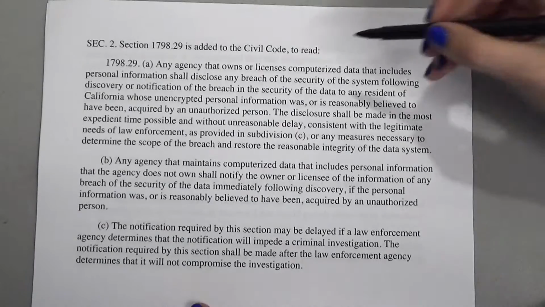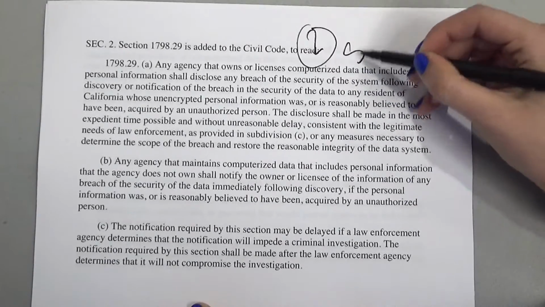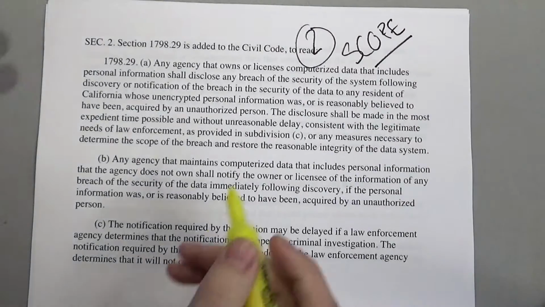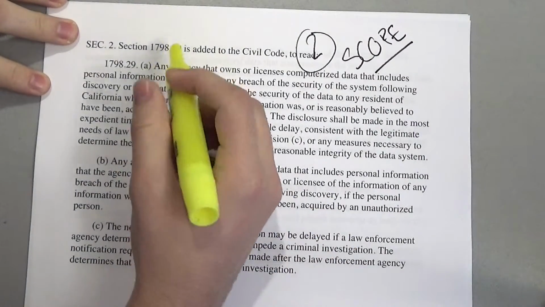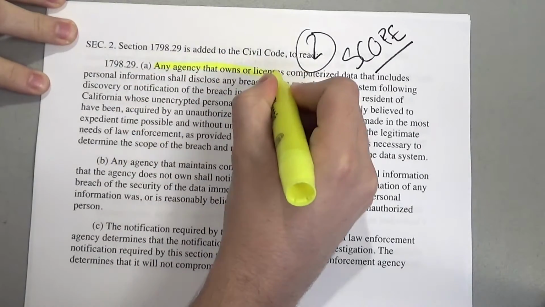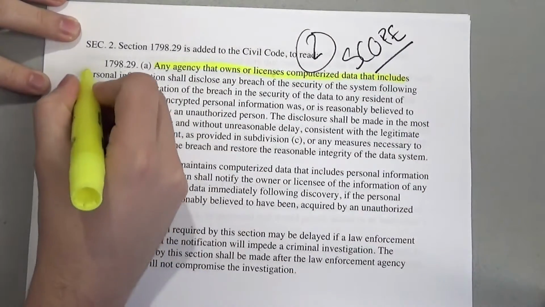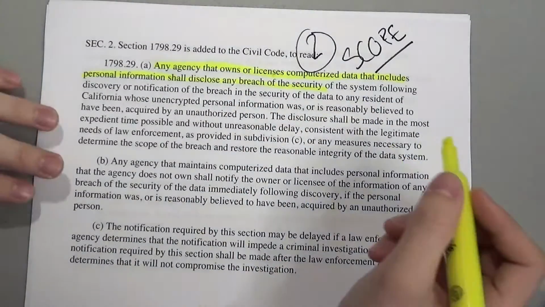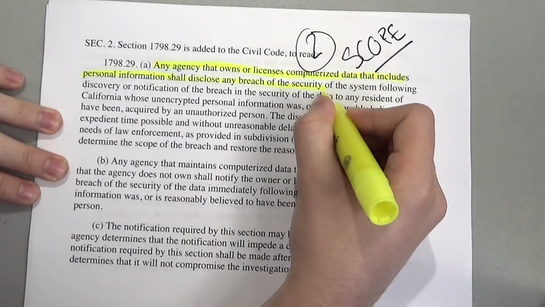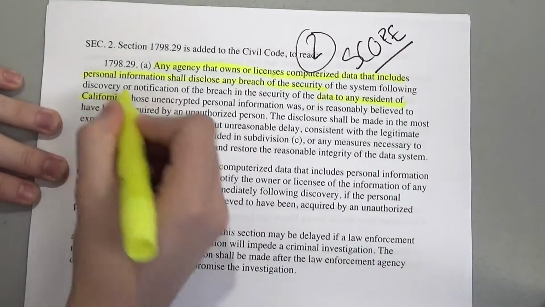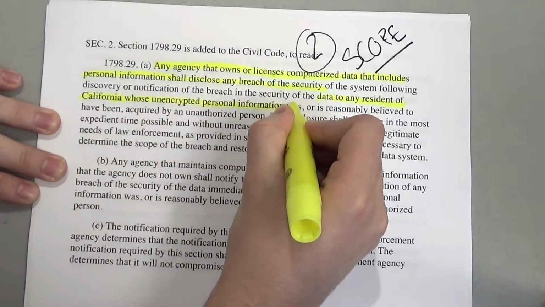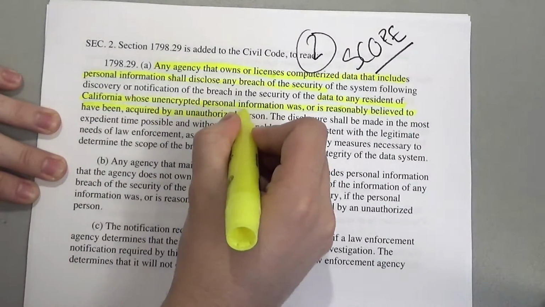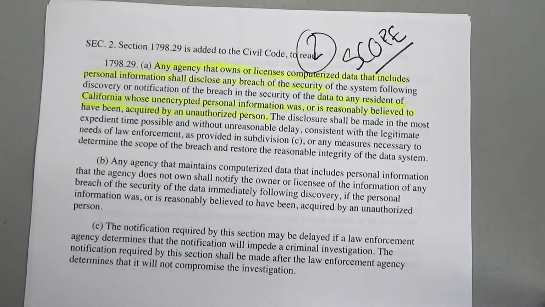The second section of a good information security policy is the scope. The scope is addressed in Section 2 of the law, where it states that any agency that owns or licenses computerized data that includes personal information shall disclose any breach of the security if they have the data of any resident of California whose unencrypted personal information was or is reasonably believed to have been acquired by an unauthorized person.